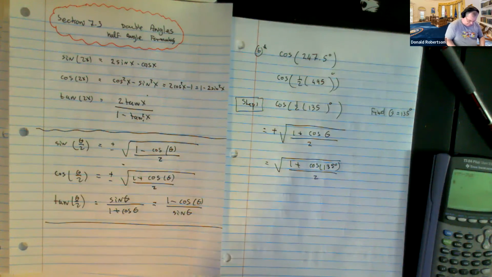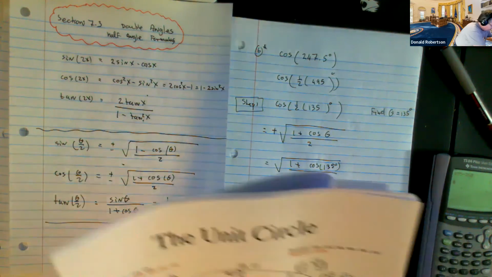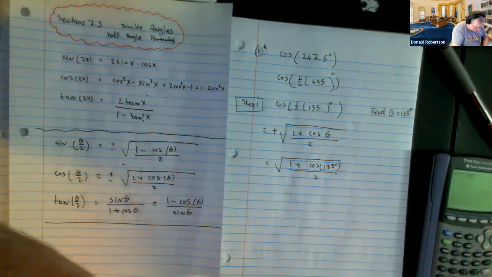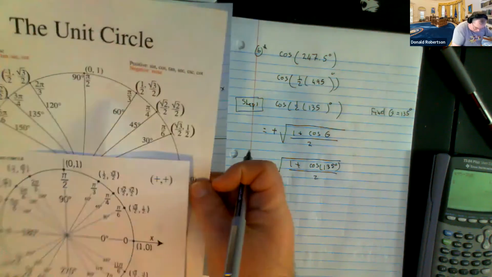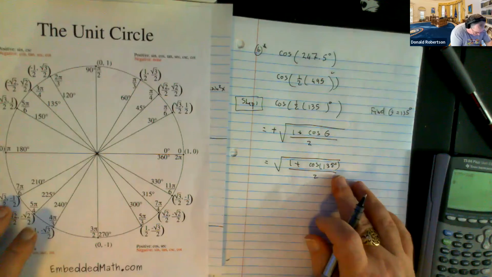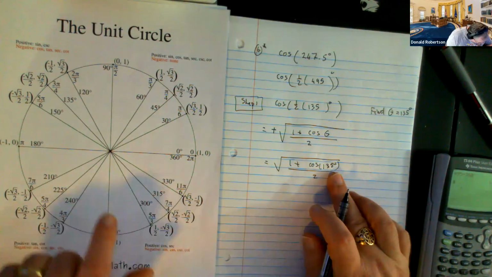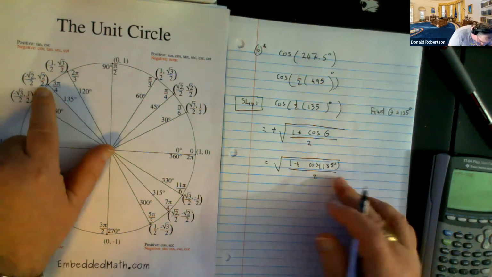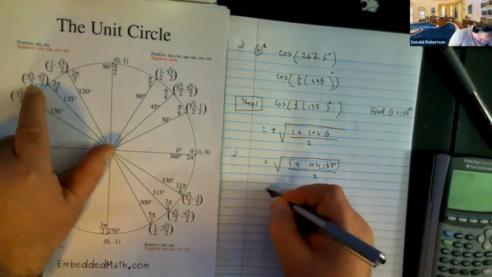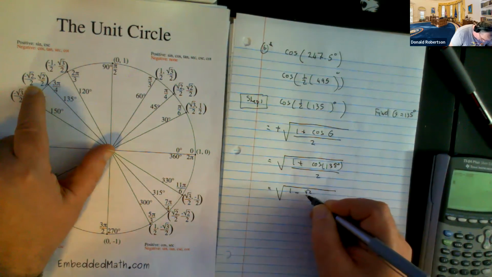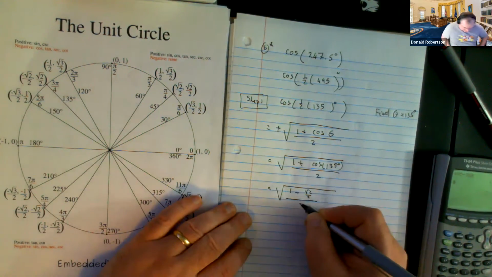There we go. The exact value of the cosine of 135 is the x coordinate of 135. There's 135, and the x coordinate is negative root 2 upon 2, all divided by 2.